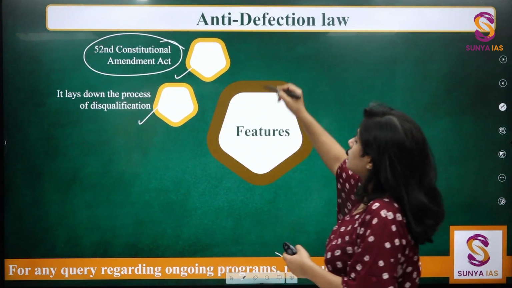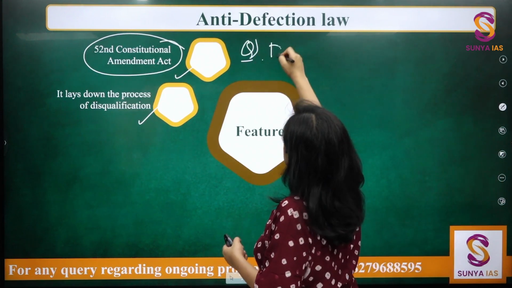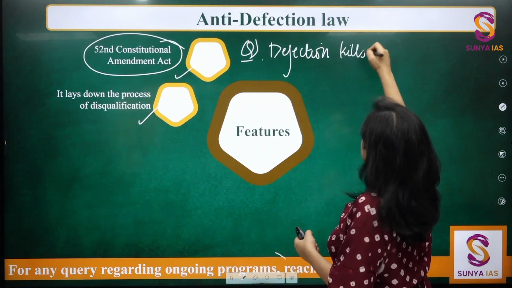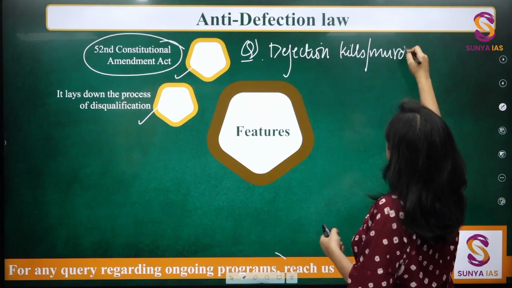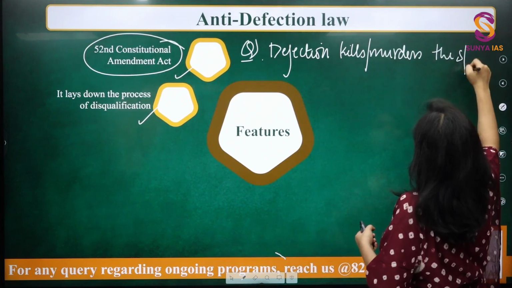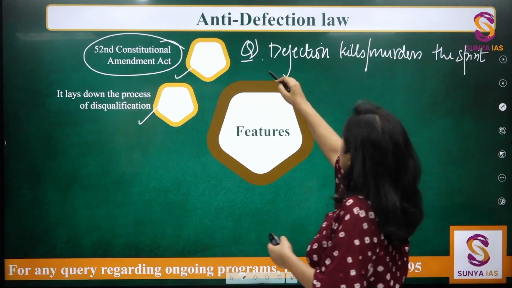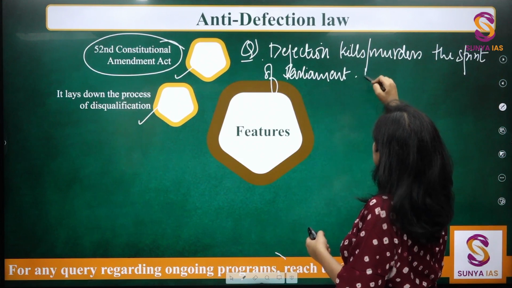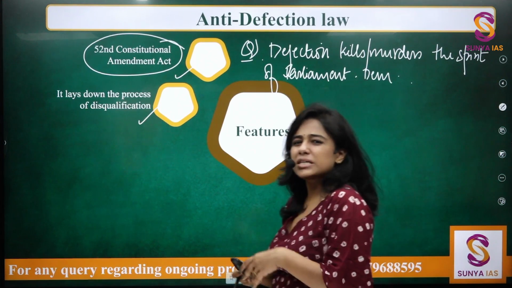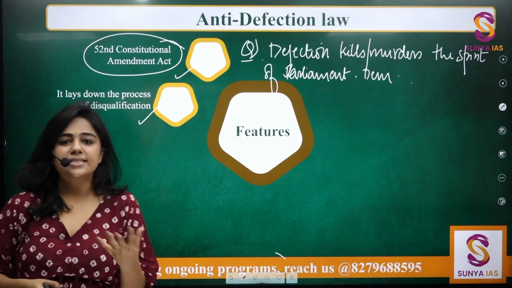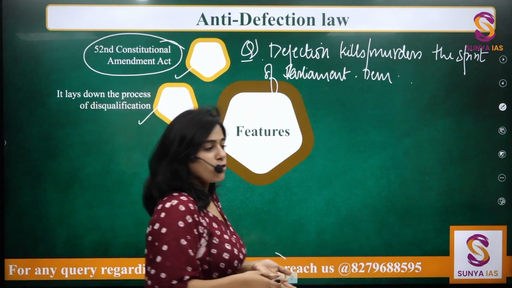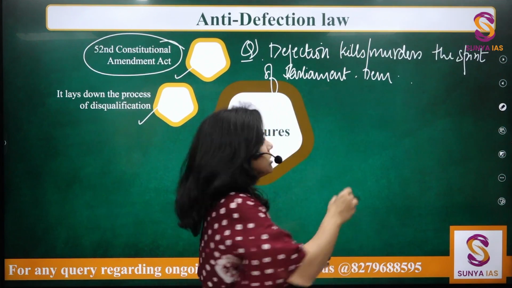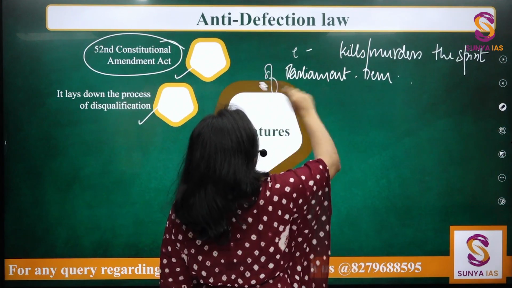So let's say if you get a question about something like this, that defection kills or defection murders the spirit of parliamentary democracy? Something like that. UPSC likes asking these kind of questions. In the essay paper they've gone completely philosophical, but even in the GS questions, a few questions here and there you can find that are philosophical.